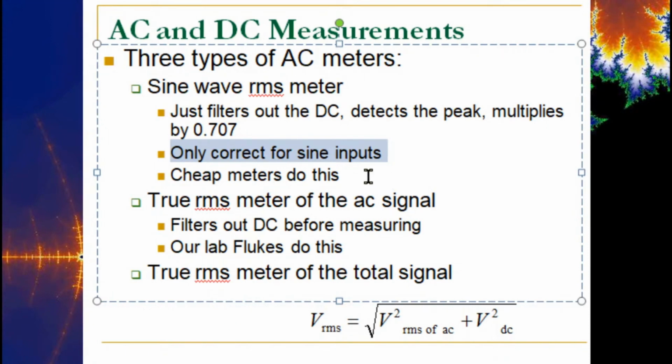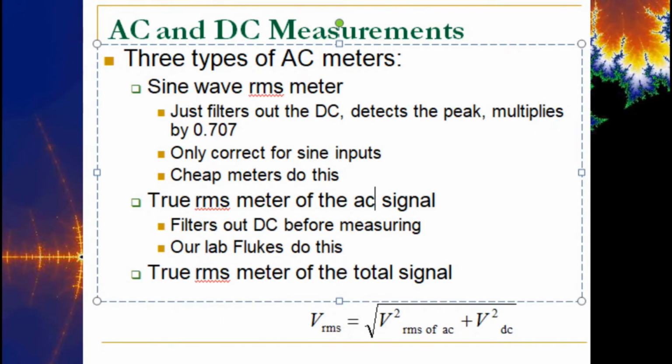But anyway, almost every meter that's under a couple hundred dollars, that's what they do. Well, now the Flukes are true RMS, so I shouldn't say that. There are some Flukes that are around $100 that are true RMS that don't just do this, okay? But some of those Fluke meters, like the Fluke, oh geez, what was it? The Fluke 95?